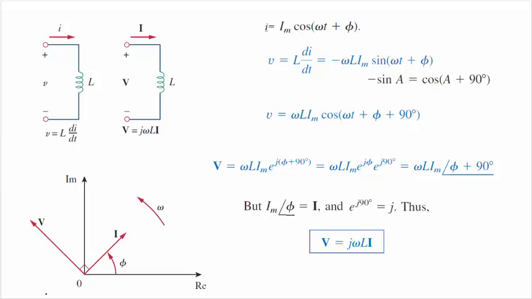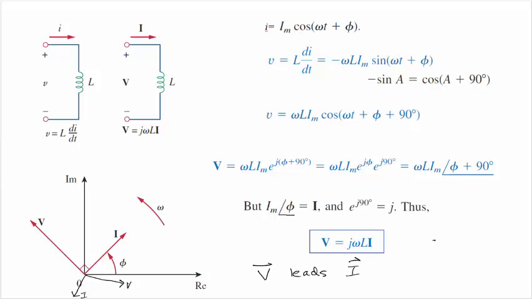As these vectors come back around towards my starting point, my real axis right here, V is here and I is here. And the first one to cross this real axis is V. So we say that V leads I.